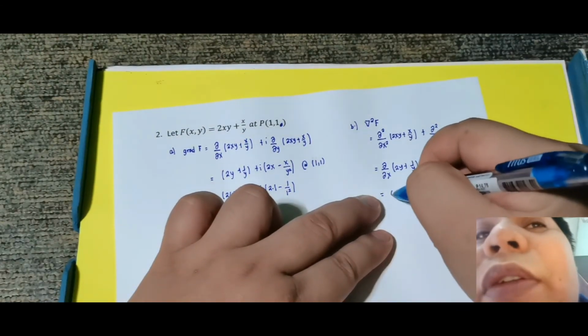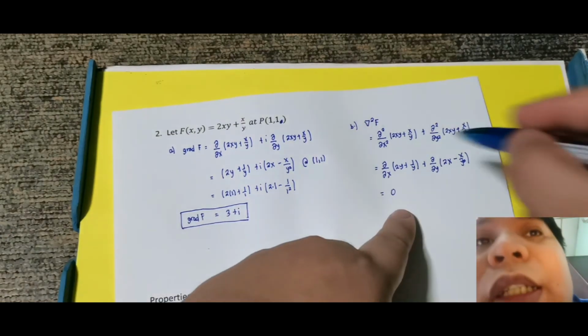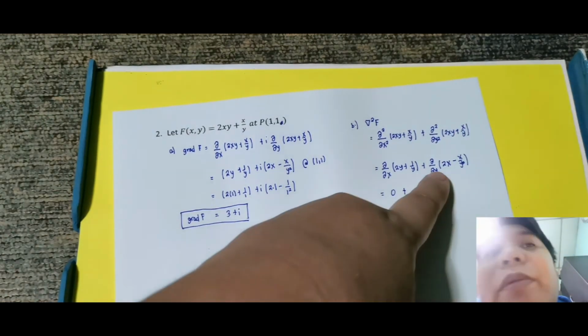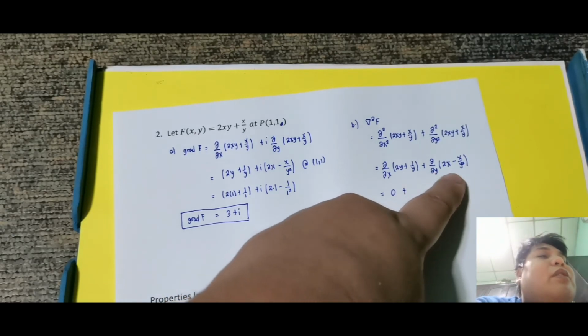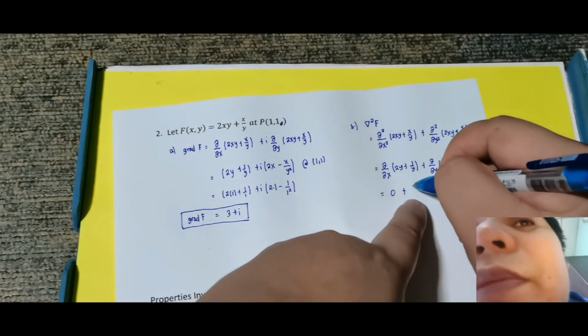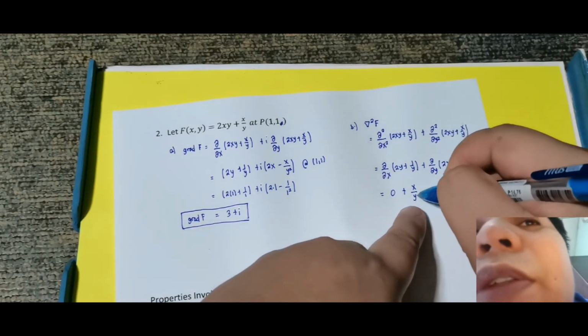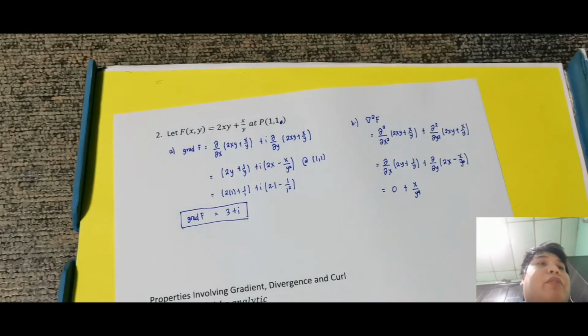Okay, next is partial derivative ulit natin with respect sa x. So obviously ito ay 0 na lang kasi partial derivative of 2y with respect sa x is 0. Partial derivative of 1 over y with respect sa x is 0. Next is this plus partial derivative of 2x with respect sa y is also 0, but the partial derivative of x over y squared with respect sa y is positive x over y to the fourth, kasi yung derivative ng negative 1 over y squared is positive 1 over y to the fourth.